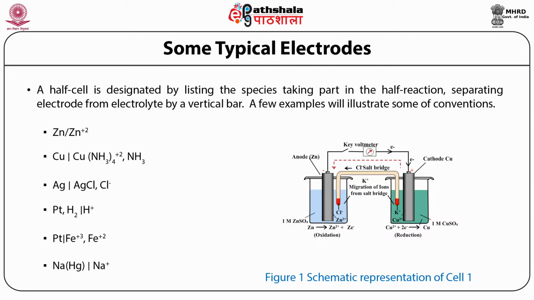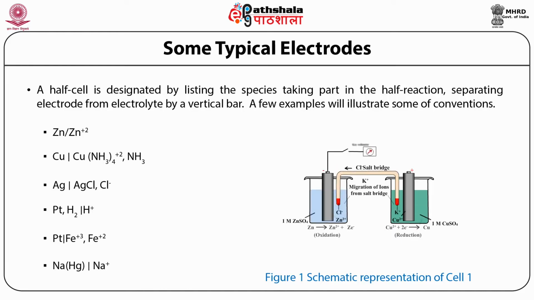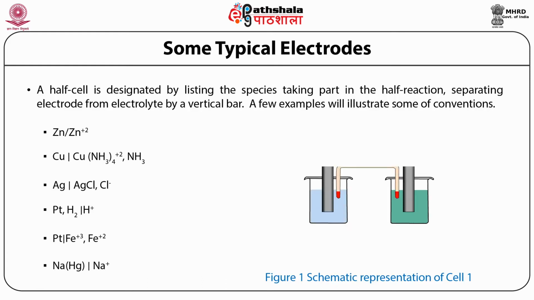In another case, if we take the silver chloride electrode, then it is a metal and a saturated solution of one of its salts, in which the presence of the solid salt is inconsequential except to ensure that the solution is saturated. It is represented as silver bar silver chloride in reference to chloride ion.